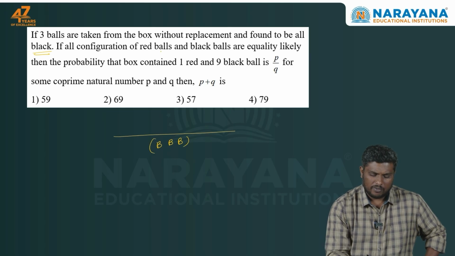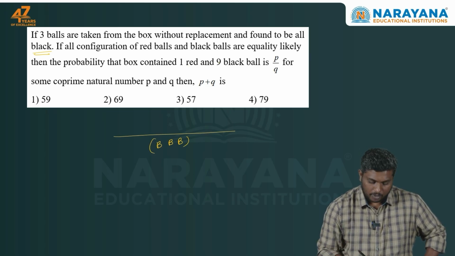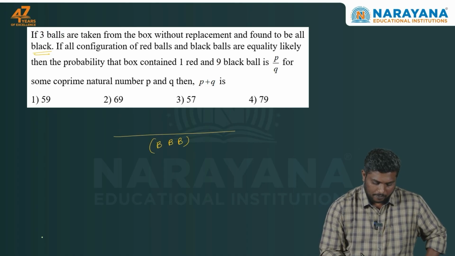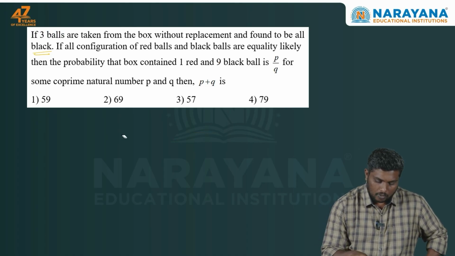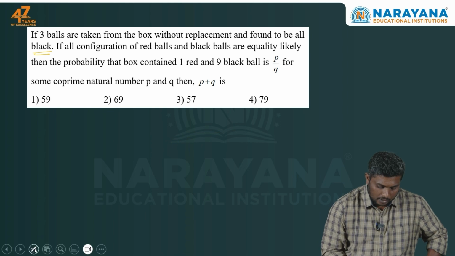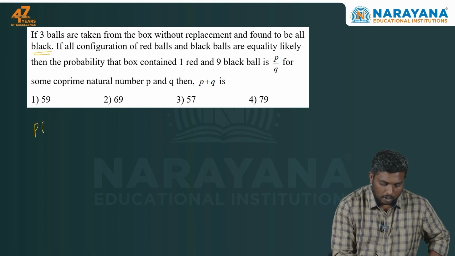Now if all configurations of red balls and black balls are equally likely, what is the probability that the box contained 1 red and 9 black balls? Okay, a very good question. This is again Bayes theorem. So what you can do is, first of all, let us find the probability of getting all the balls black.